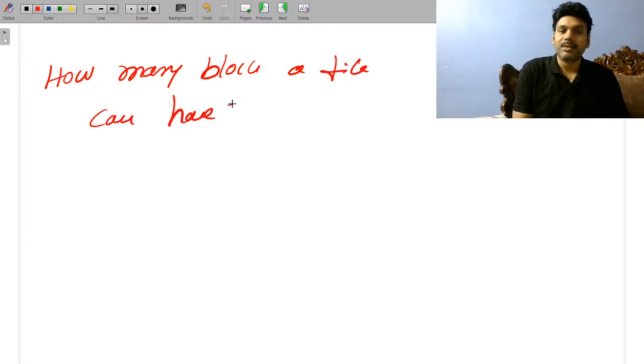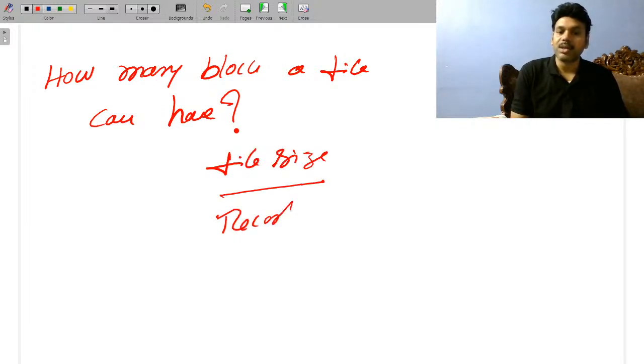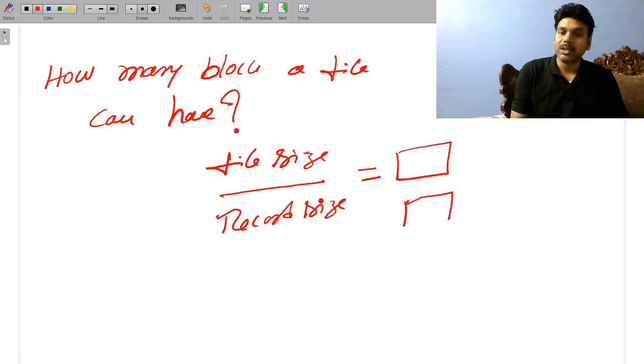This is simply your file size divided by block size. When I say file size divided by block size, then you will understand how many blocks you require in order to store your particular file.